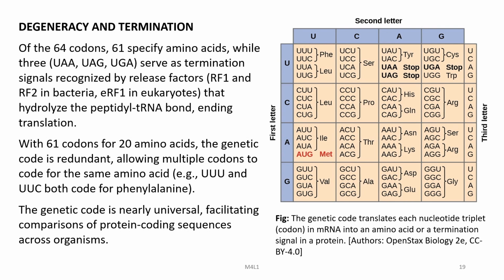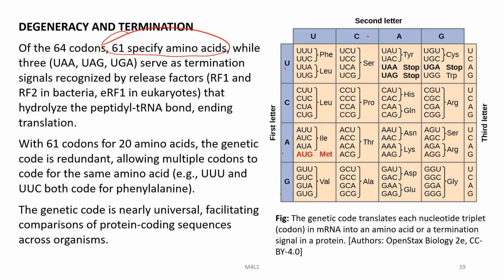Some of the things that are important to know at this point of time are the degeneracy and termination, about which we have spoken in brief. Of these 64 codons, 3 represent the stop codon. So, 64 minus 3, 61 specify amino acids.